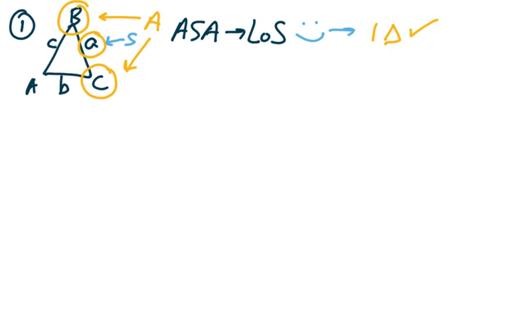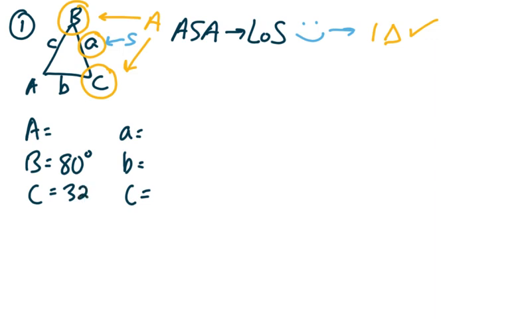All right, our next step is we usually make our little answer box. And since there's only one triangle, we only need to make one answer box. And we'll start to fill in what we know so far. We are given that angle B was 80 degrees. We're given that angle C is 32 degrees. And we're given that side A is 17. And our job is to find these three others.